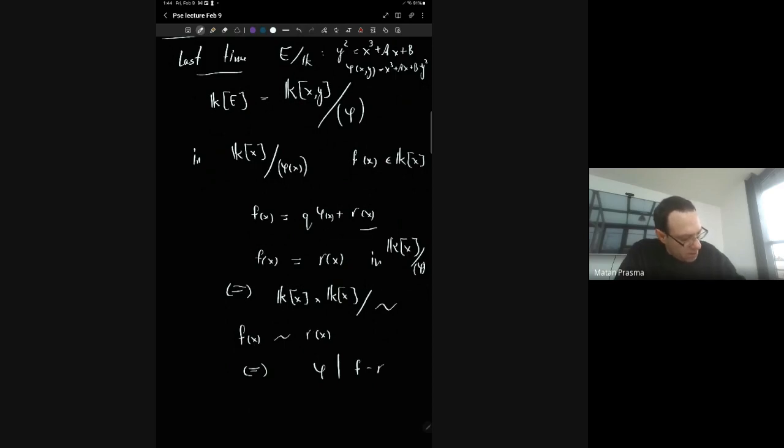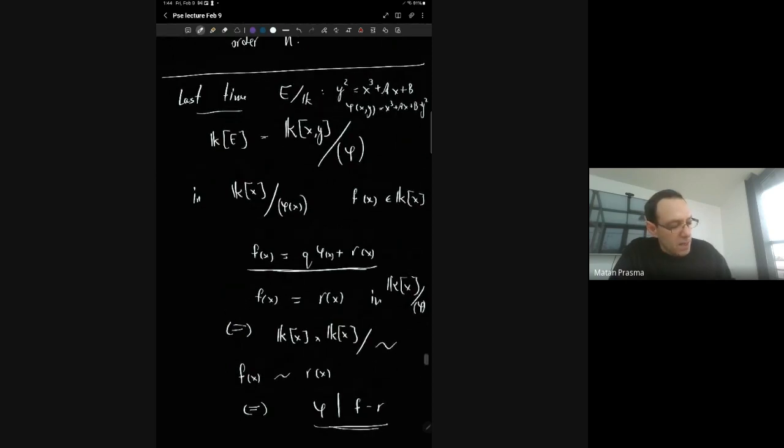Right, and you can see that if I have long division, then to do long division is the same as to define this equivalence relation and to mod out by the equivalence relation. Now, in the case of polynomials in two variables, I don't have long division.